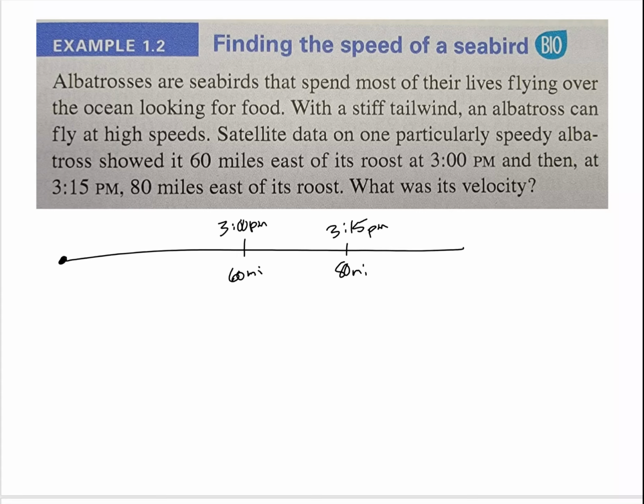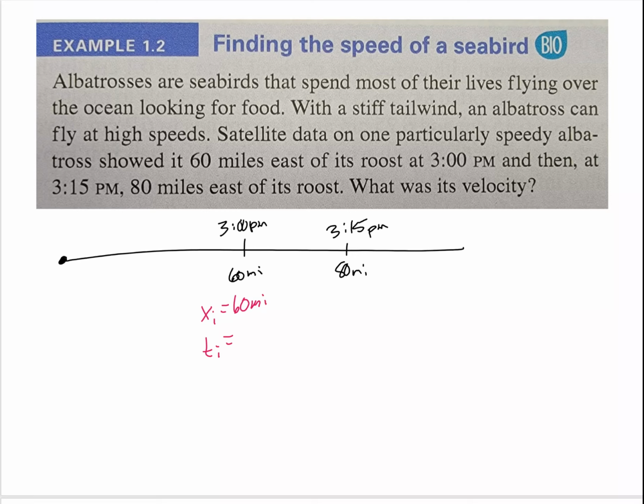So now what we need to do is put this in terms of what we know and what we don't know. Here at the first location, x sub i is 60 miles. And t sub i is going to be what?